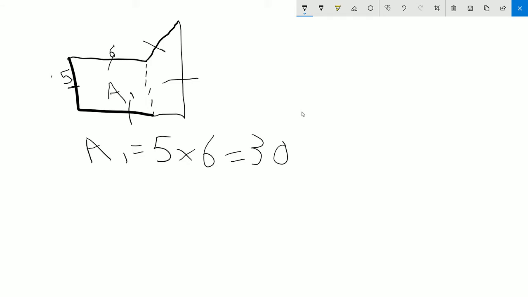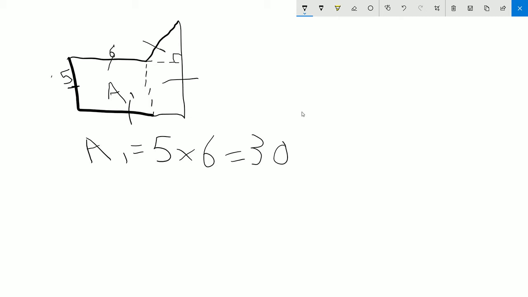And what do we have here? If you look closely, you can see that a triangle has been made here. So if we draw a dotted line, you can see that a triangle is here. And this is a special triangle. It's called a right angled triangle because the angle between two straight lines is 90.